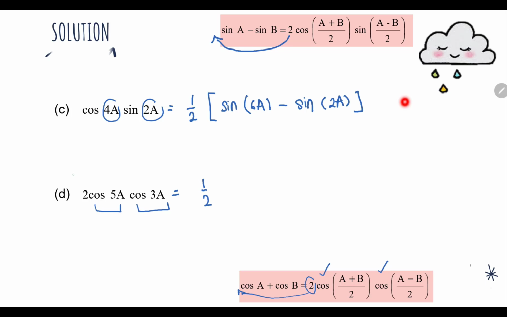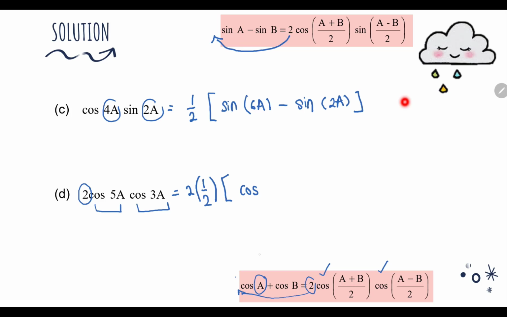But remember, in this question we have a 2 here, so we have to make sure that we also copy down the 2 multiply 1 over 2. And this is going to be cos, we're going to copy this formula, cos A plus cos B.